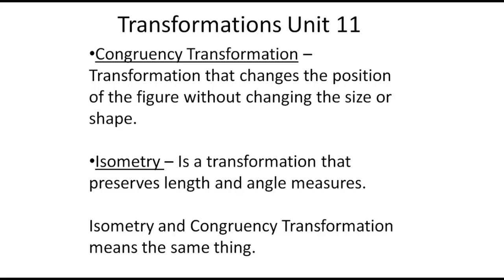They both just tell me that it holds its size and its shape, that the 2 figures, whether they're triangles, squares, rectangles, whatever you're rotating, translating, reflecting, they stay the same. Now in a dilation, they would not. So we're going to learn when we get to dilations that they are not a congruency transformation. They are not isometric because they don't hold the congruency in the figure.